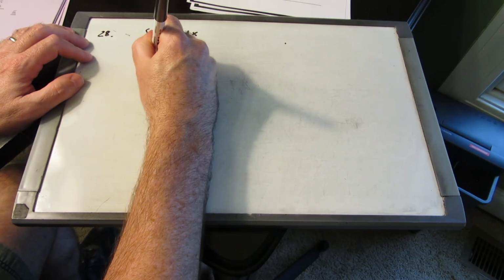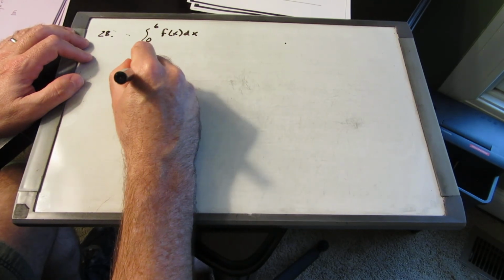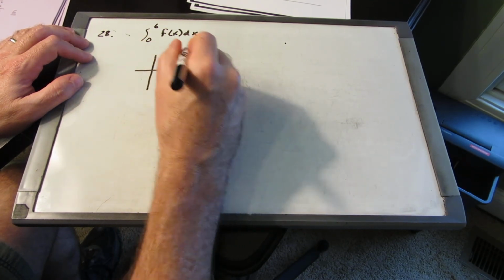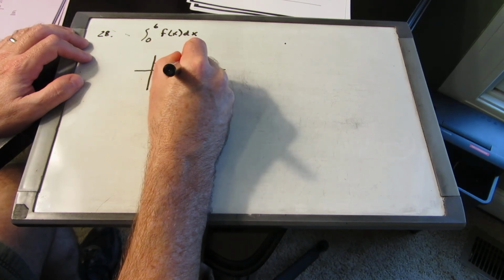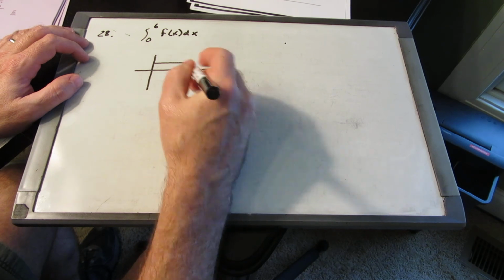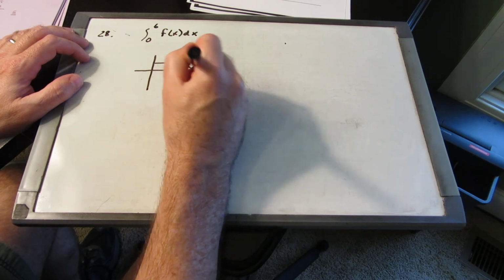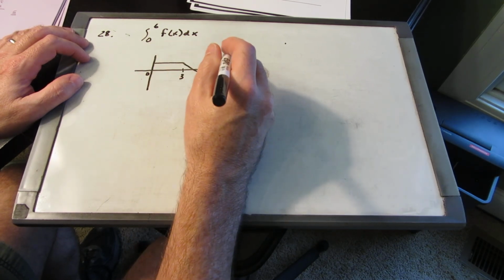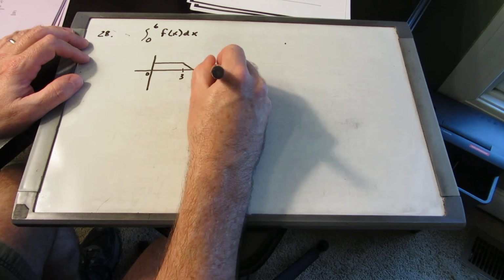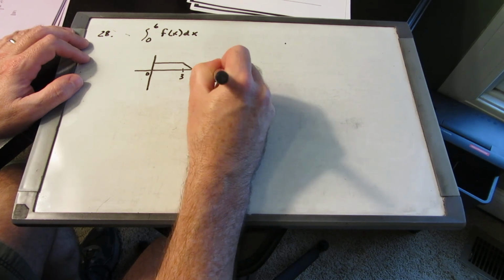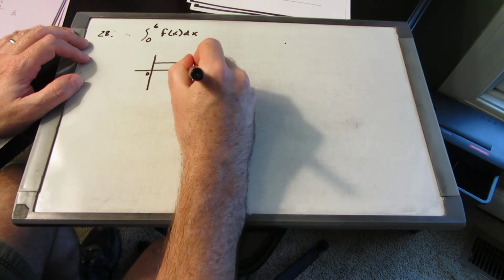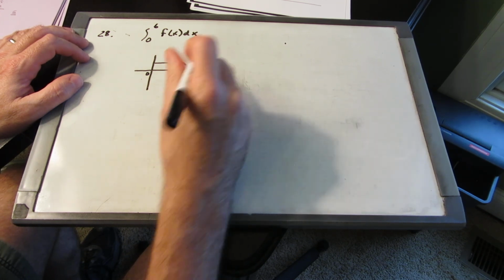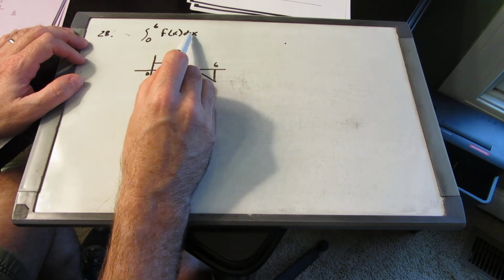Okay, so just the graph from 0 to 6 is the part that we need to look at, and you can see it goes like this, and then it goes down like that. Okay, so this is at 3, this is at 0, and then that's at 6 right there. Okay, and it crosses here at 4. This just tells us an area under the curve.